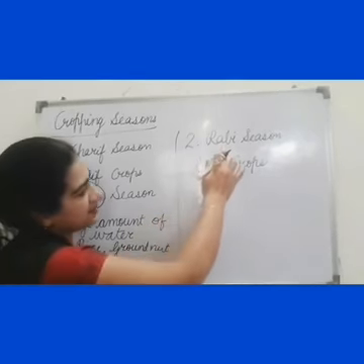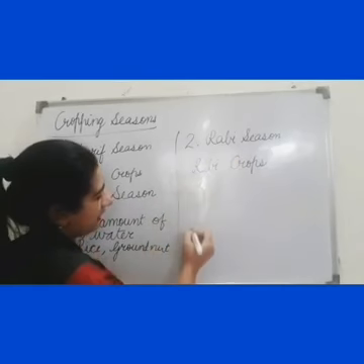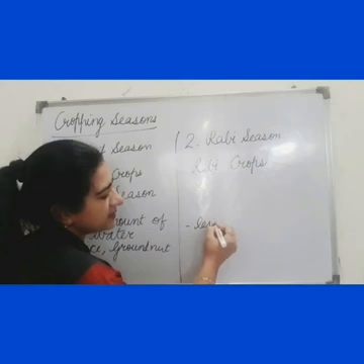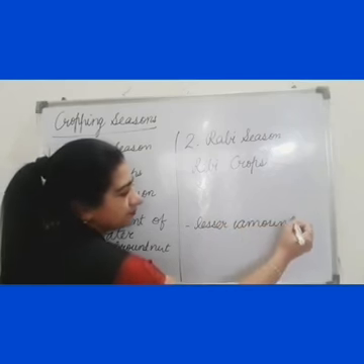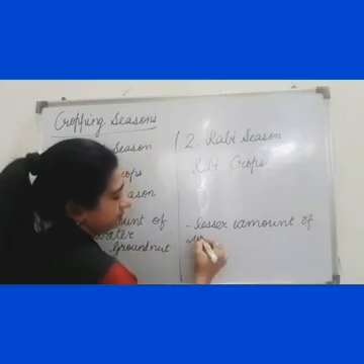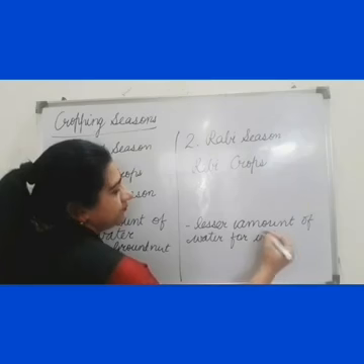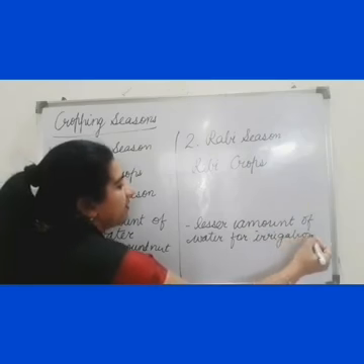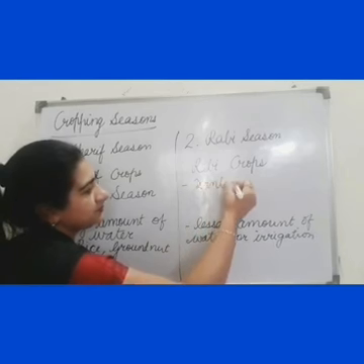During the Rabi season, the crops grown have a lesser water requirement for their irrigation. These crops are winter season crops.